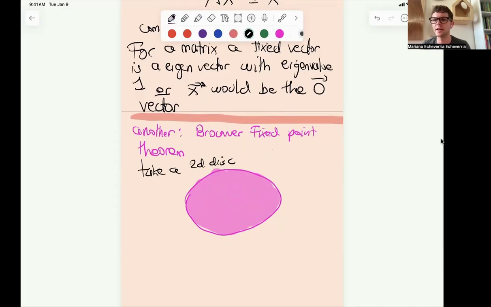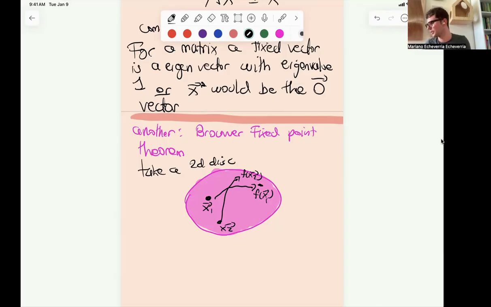And imagine you had a function that just moves points around. So you could take a function that takes a point on the disk, let's call that point x, and moves it to some other point on the disk, which I'll call f of x. And takes another point on the disk and moves it to another point on the disk. So you have a function which moves the points on the disk around.